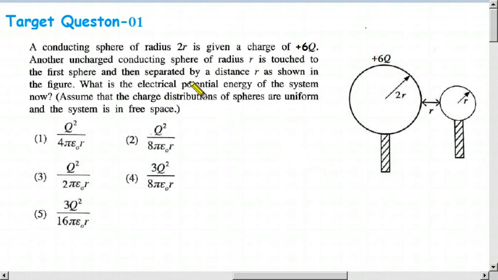A conducting sphere of radius 2r is given a charge of positive 6q. Another uncharged conducting sphere of radius r is touched to the first sphere and then separated by a distance r as shown in the figure. What is the electrical potential energy of the system? Assume that the charge distributions of the spheres are uniform and the system is in free space.